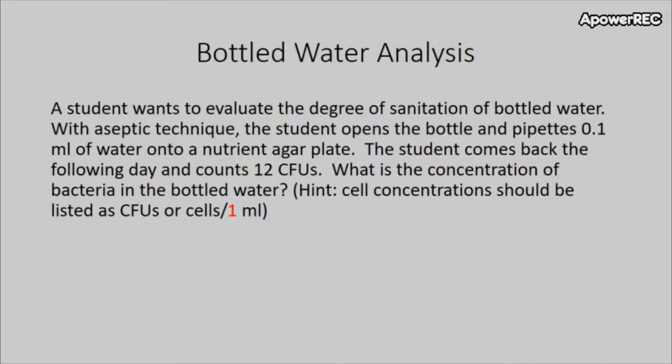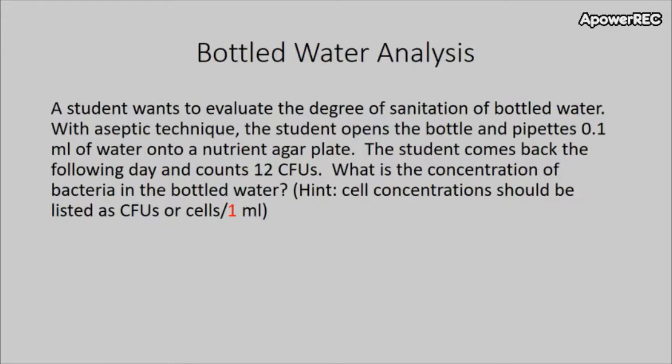So what will throw many of you off is cellular concentration is listed as CFUs, or cells, per 1 milliliter. And if you look at this question, the student only pipetted 0.1 milliliters. So we have 1/10 of the amount of volume we should in order to list a cellular concentration in the correct units of cells, or CFUs, per mil.